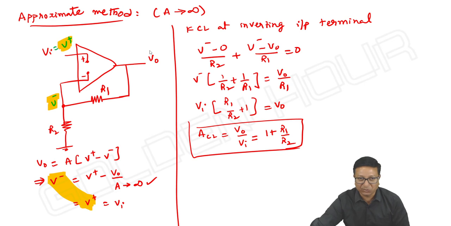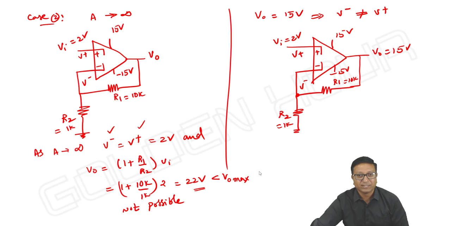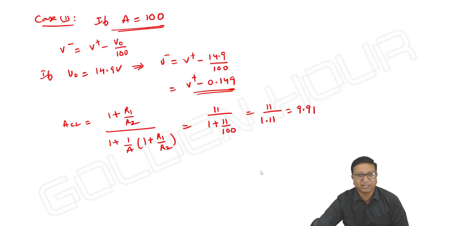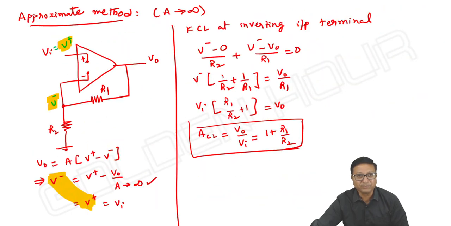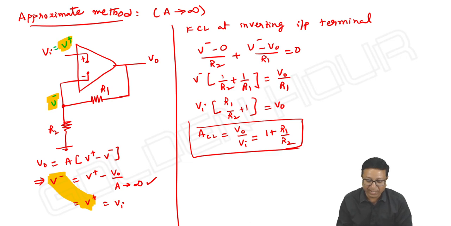Input is positive, output is positive; input is negative, output is negative. No inversion between input and output. So this circuit is known as a non-inverting amplifier. The above circuit is known as a non-inverting amplifier.